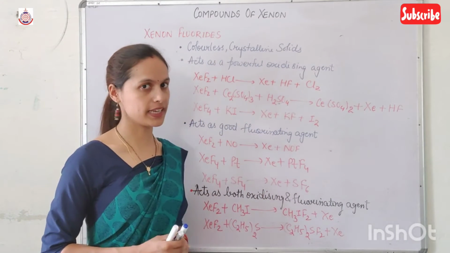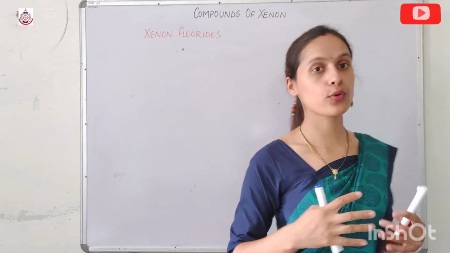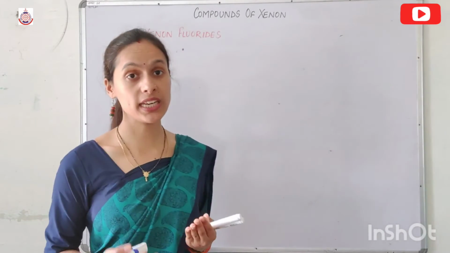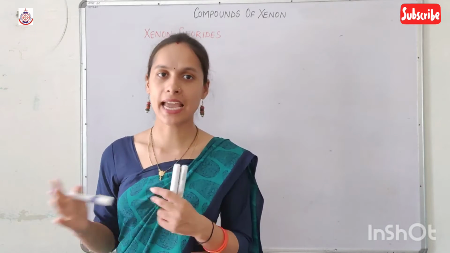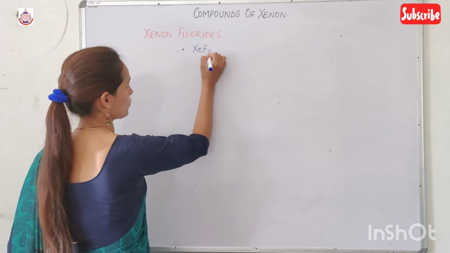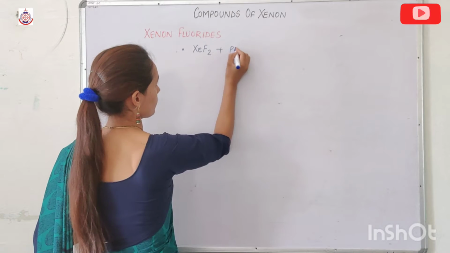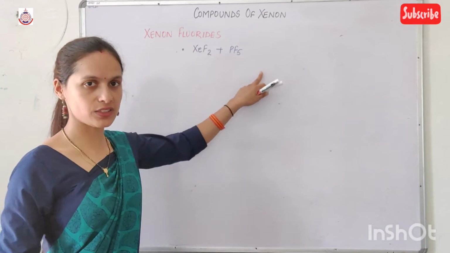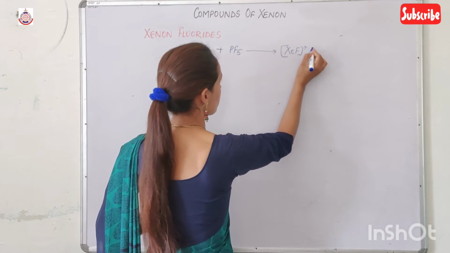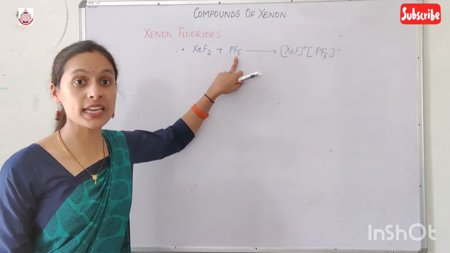Now the next property is they react with fluorine donors to form anionic species, and they react with fluorine acceptors to form cationic species. For example, XeF2 when reacts with PF5, then we get XeF+ PF6-, because here PF5 is a fluorine acceptor.